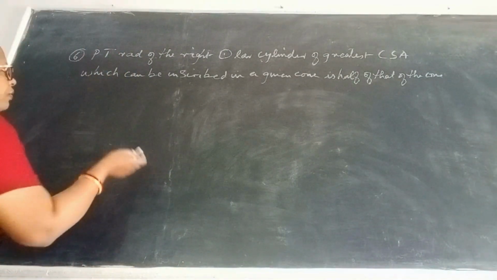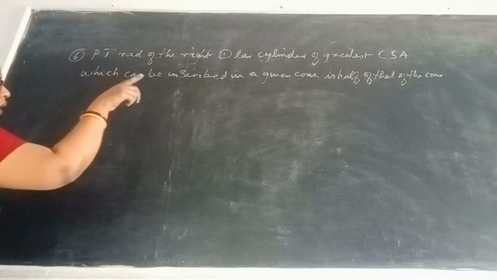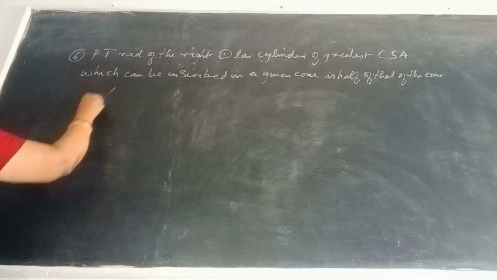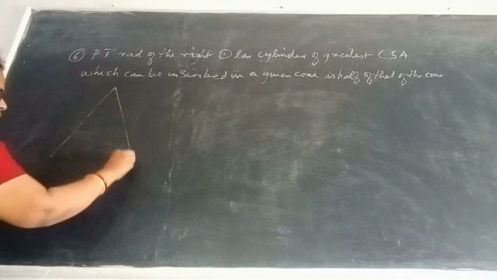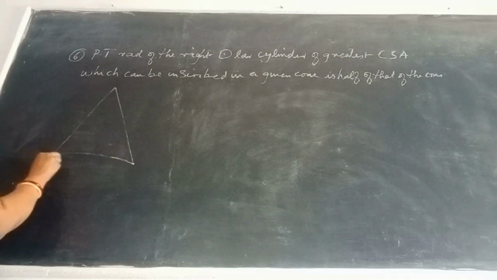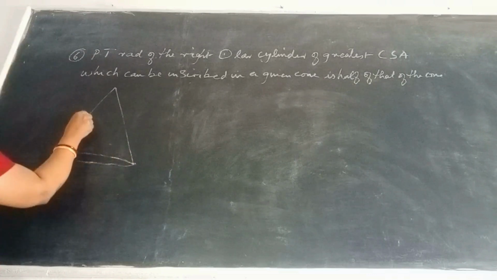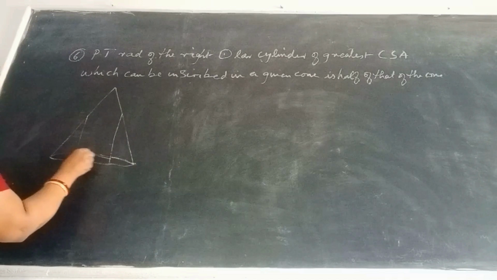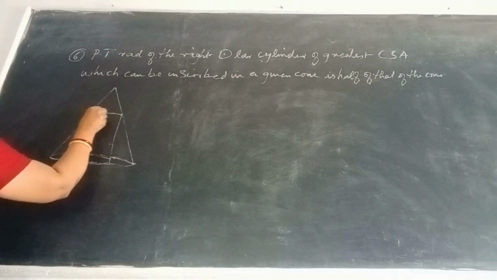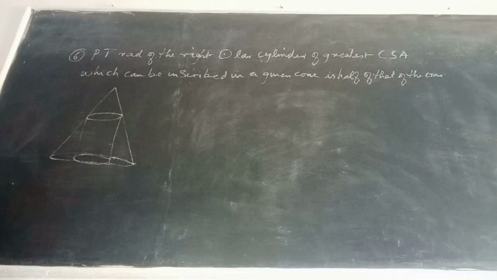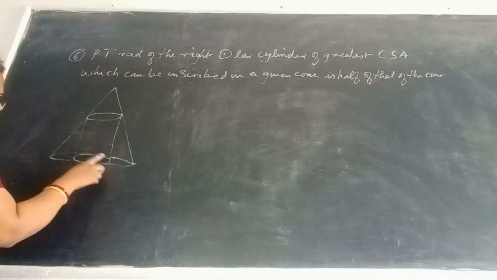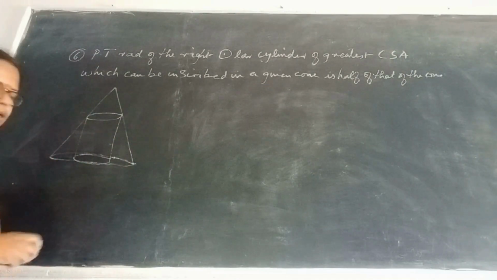So let us draw a figure. A cylinder is inscribed in a cone. So a cone, and the cylinder is inscribed in it. It is asked to show this cylinder has half the radius of the cone.